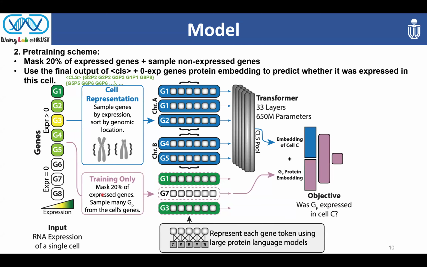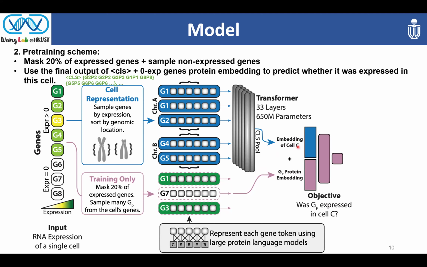And then we sample a lot of 0-expressed genes, like here G7 is a 0-expressed gene. We just use those protein embeddings, not the expression value because we've already masked them, combined with this cell embedding.